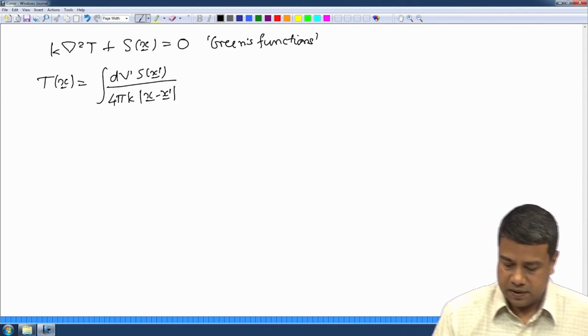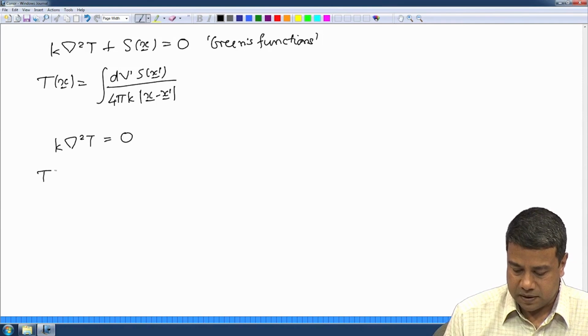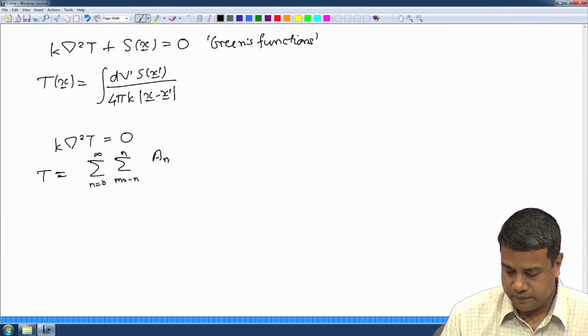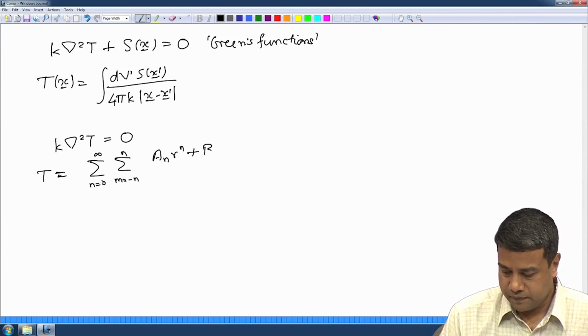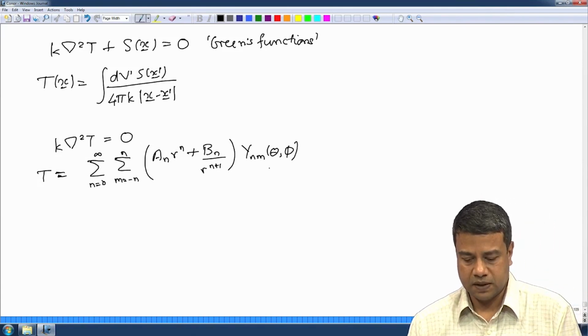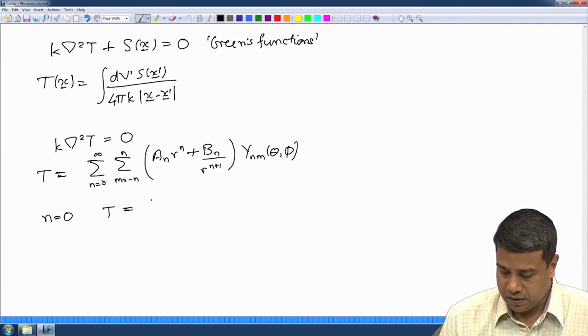In a spherical coordinate system, I had also shown you if I have k del square T is equal to 0, the temperature is equal to sigma n is equal to 0 to infinity. For n is equal to 0, I had shown you that the temperature is equal to Q by 4 pi k r.